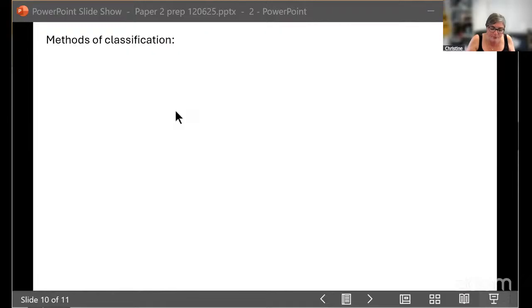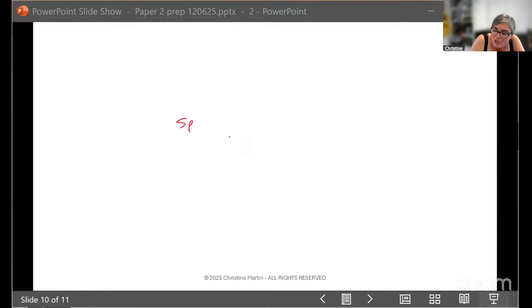Okay, let me just finish this one off. Anytime you want to talk about speciation, it's really important you always think about some key things. Speciation has to be some form of isolation. Now, what is that isolation?